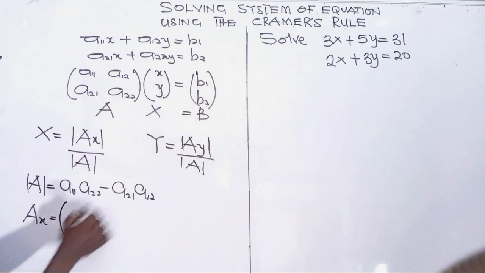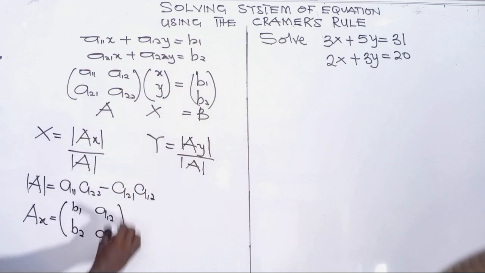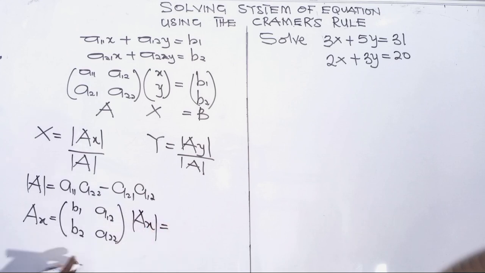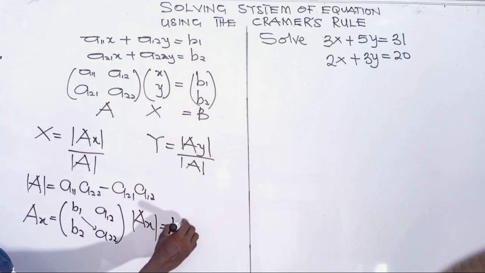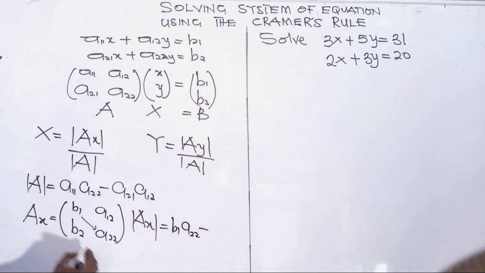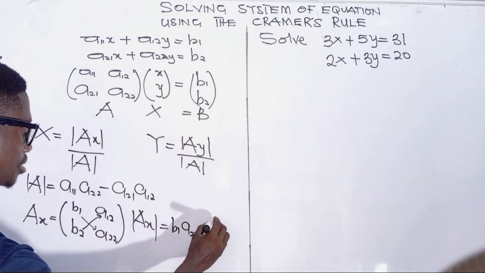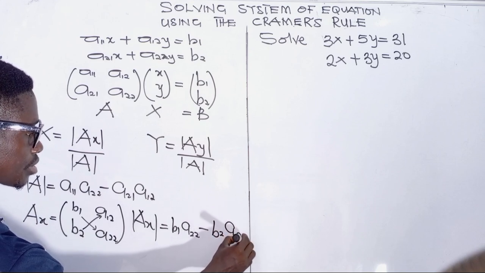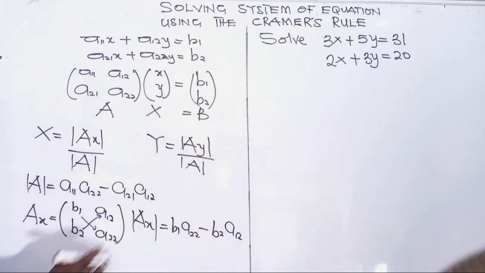Once we have this, we can find the determinant. We multiply this by that, then after that, multiply this by that. This is how we find the value of Ax.